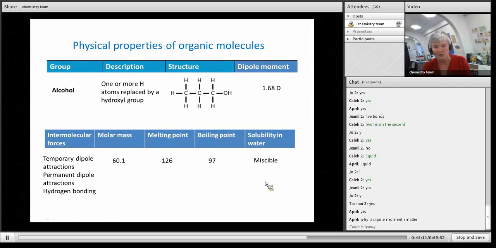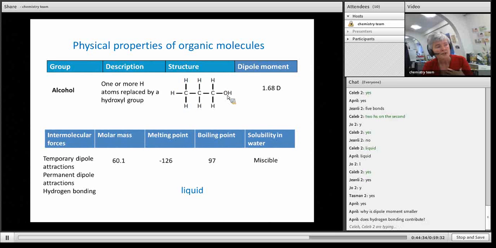Okay, so that's a liquid. Why is the dipole moment smaller? Yeah, because the other one was about 2.01. Good point, actually, because you'd think oxygen would be more electronegative. This one's got 3 carbons in a row, and the other one has got 2 carbons. And each CH3 or CH2 helps distribute electrons.